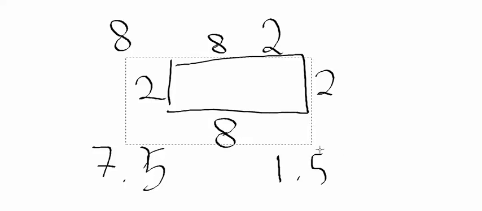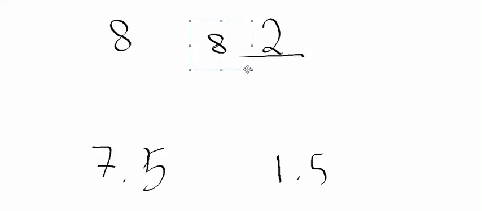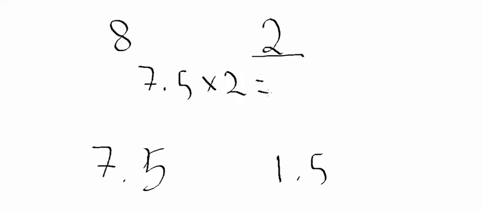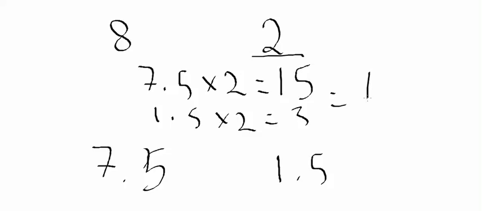So instead of adding the whole width twice and the whole length twice, we take our minimum lengths twice and our minimum widths twice, and we add those together.